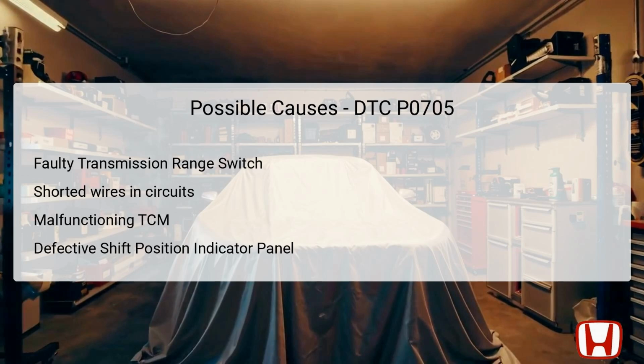Moreover, if the TCM, which interprets these signals, is malfunctioning, it might falsely identify an error, triggering this code. Lastly, a defective shift position indicator panel can also be a contributing factor by failing to convey proper position feedback. Identifying the exact source of the problem is critical to effective repair.